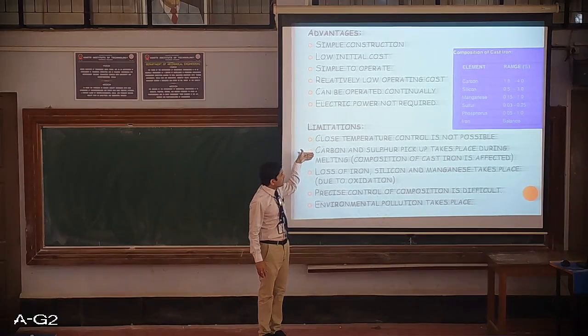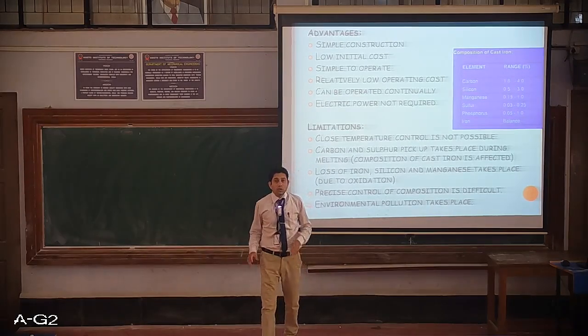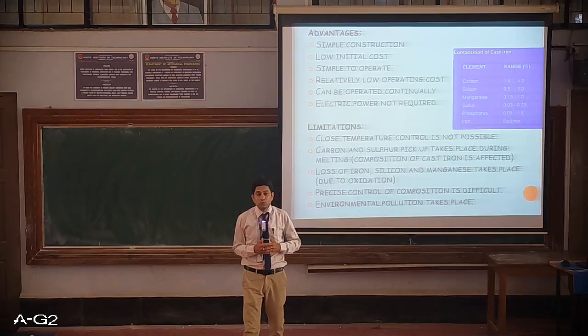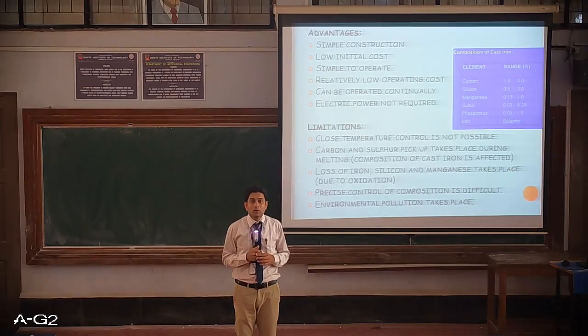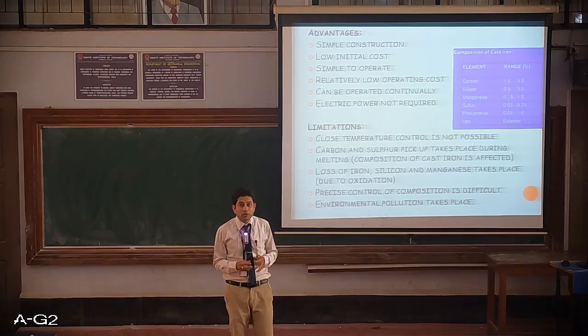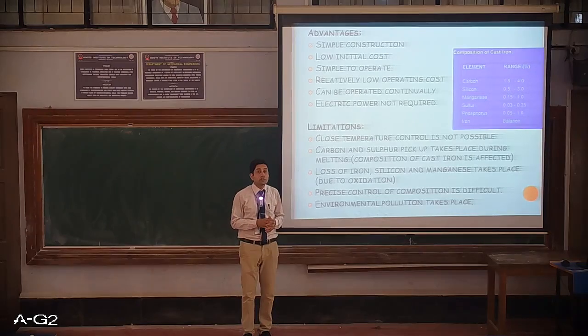The second one is that carbon and sulfur pickup takes place during melting. The fuel that is used here is charcoal, and charcoal is a source of carbon. So when you burn that charcoal, carbon also comes out and gets diffused into the cast iron or the steel component.